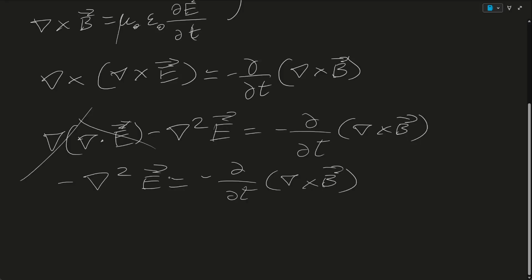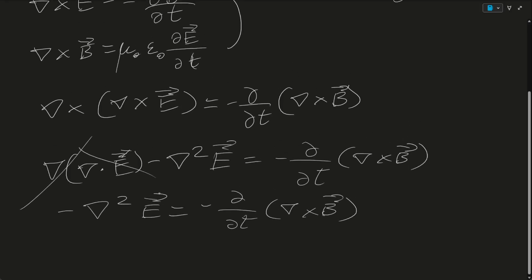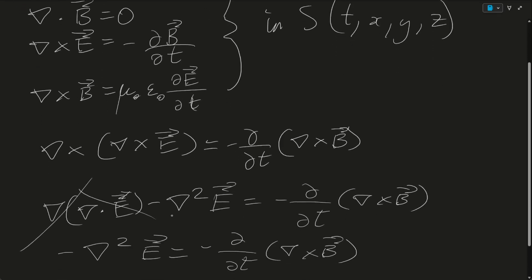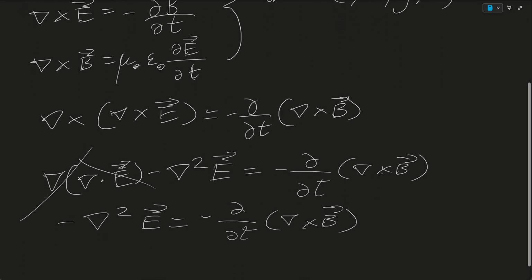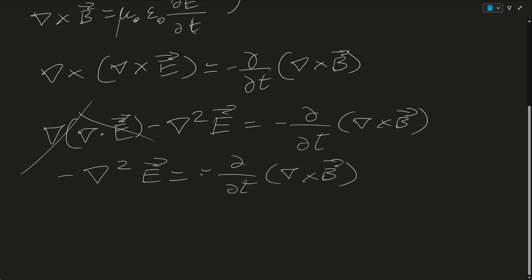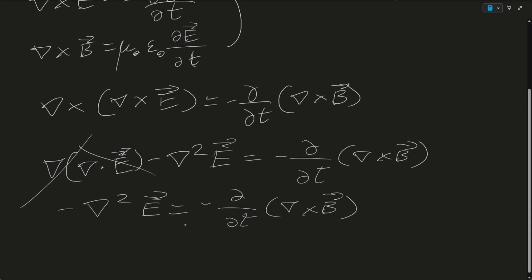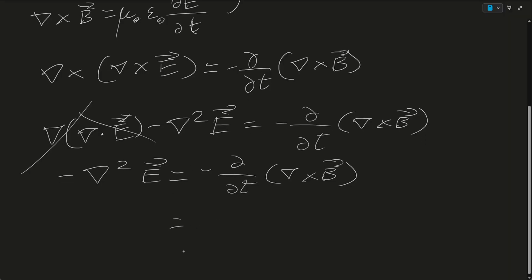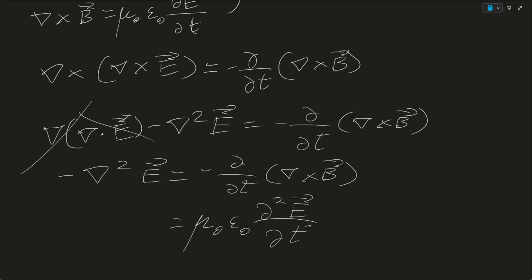And then we can rearrange, or rather, if we just take the time derivative of the final one, Ampere's law, then this is going to be the second derivative, so that's just mu naught epsilon naught d squared E over dt squared. I may have said eta naught earlier, I meant epsilon. I'm really bad at that, and I'm not sure why, because they look completely different.